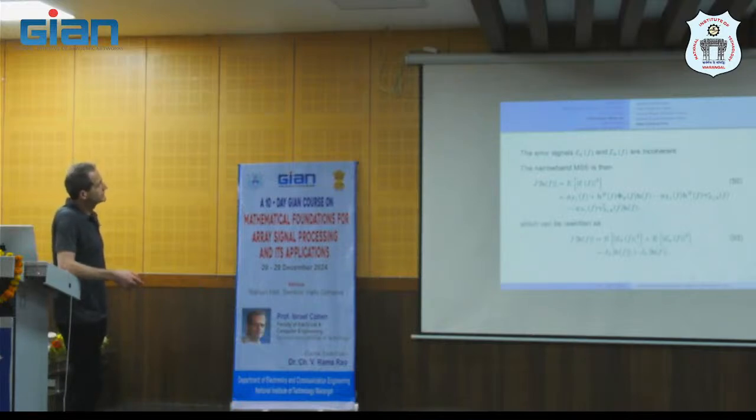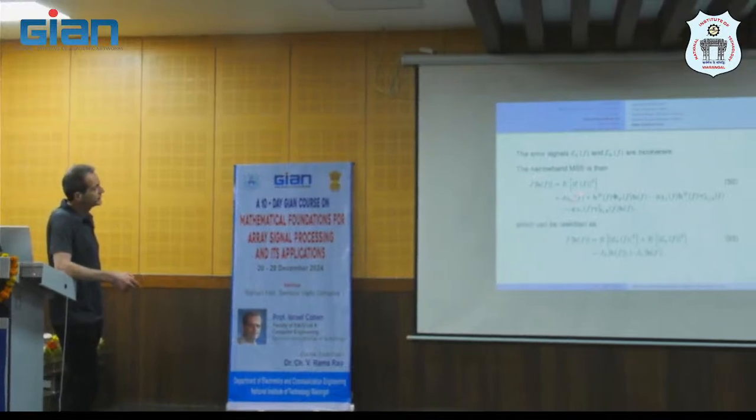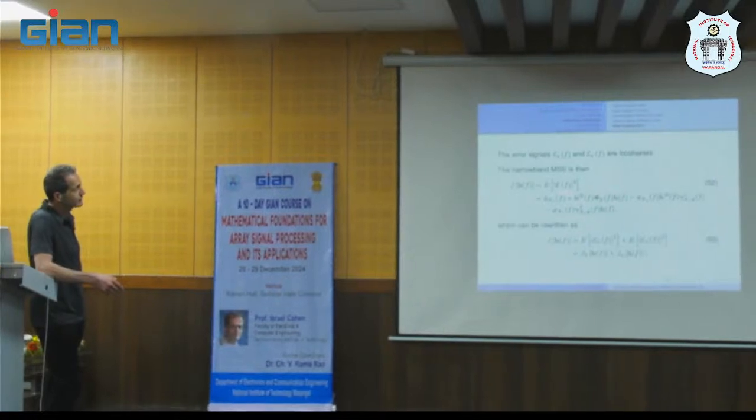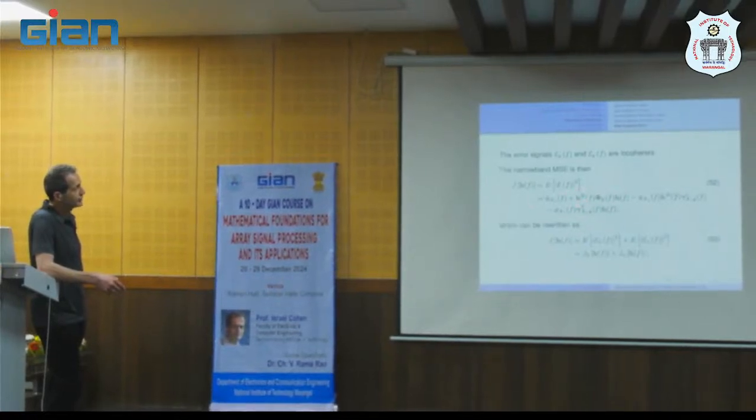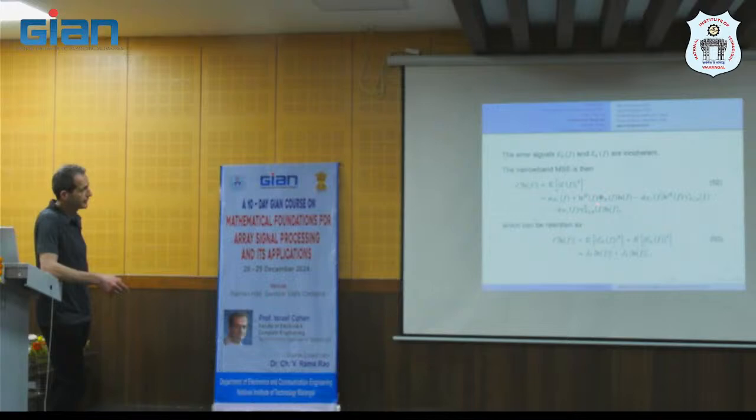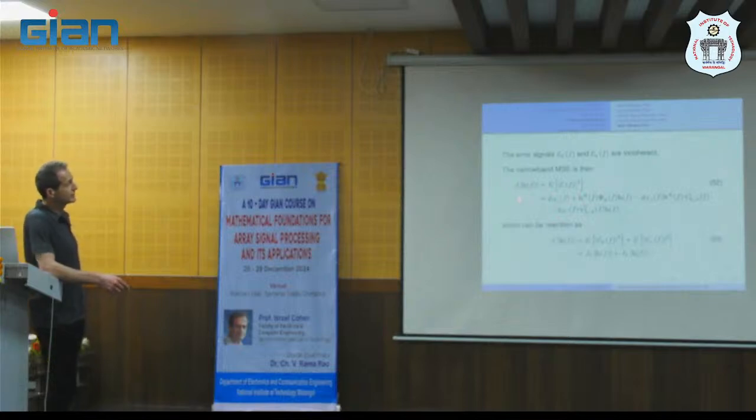So this is the mean squared error. And because we have an explicit expression as a function of the filter vector for each frequency, it's easier to work with, and everything else is known. So we can find the derivative of this narrowband MSE with regard to the filter, and then we can find the Wiener filter.